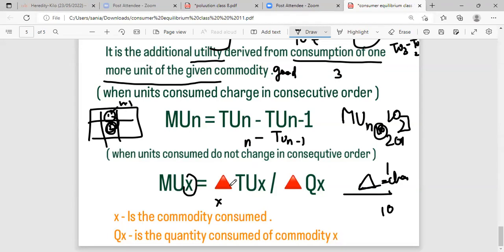So we are supposed to write TUX divided by... no, you have to write the triangle here as well, and then the triangle before QX. So it is delta TUX divided by delta QX. Okay, teacher. Okay, thank you.